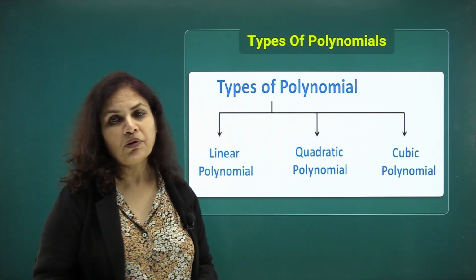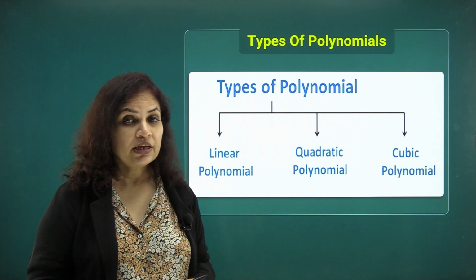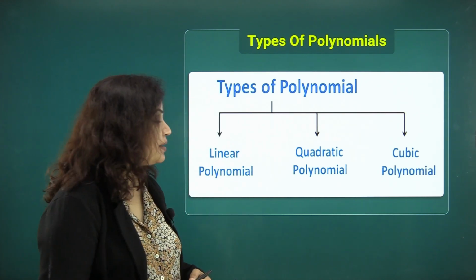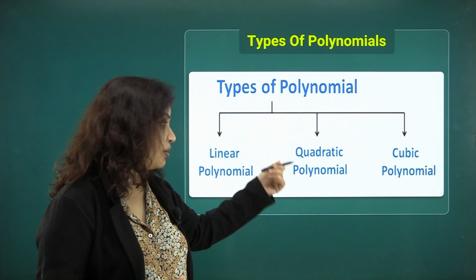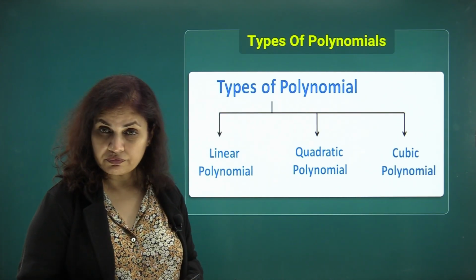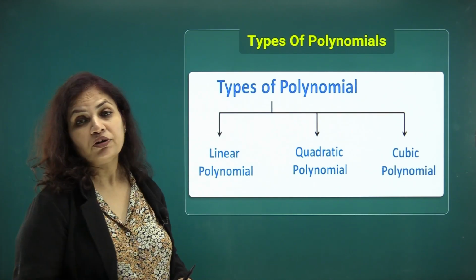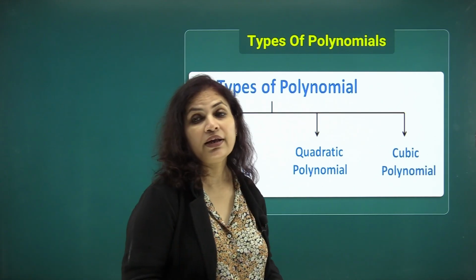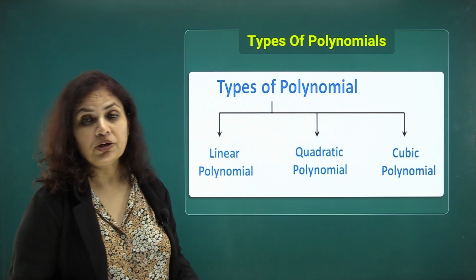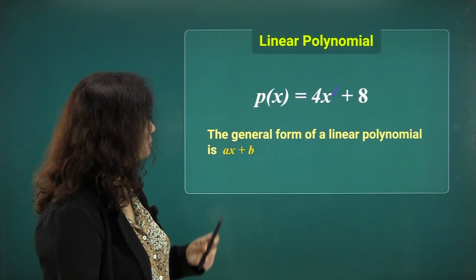In a quadratic polynomial, the highest degree is 2. So, a quadratic polynomial is a polynomial of degree 2. A linear polynomial is a polynomial of degree 1. A cubic polynomial likewise is a polynomial of degree 3.